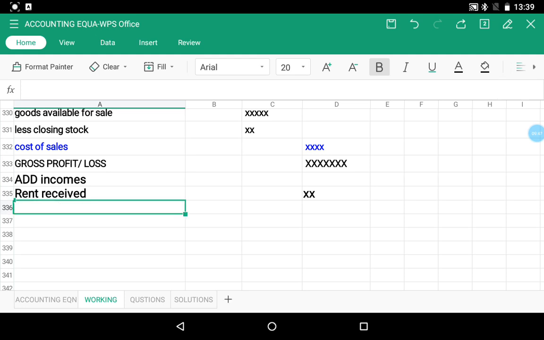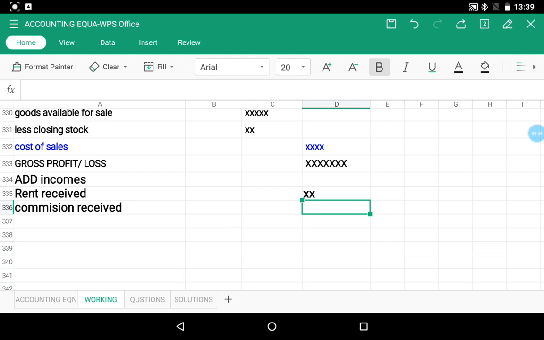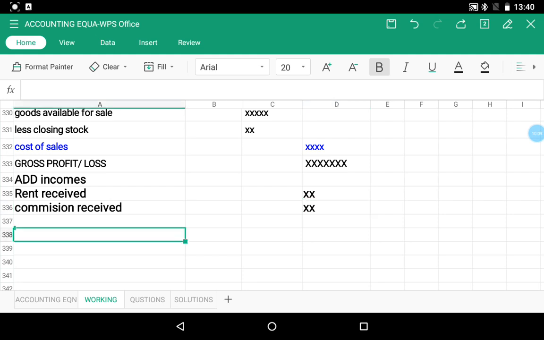Then we can also have commission received and grant received. Everything received, as long as it is not connected to what you are selling in your business, you record it here. And then when you get your gross profit or gross loss, you add your incomes.